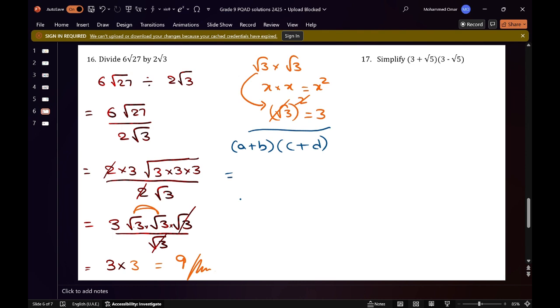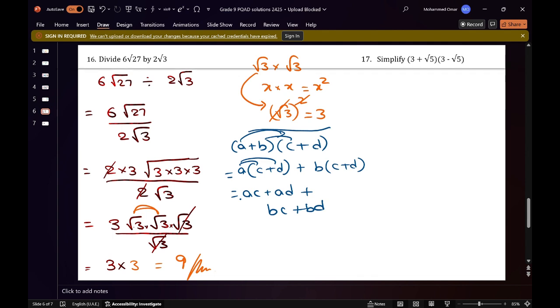What is it? a will be distributed to the next expression, and b also will be distributed to the second expression. So here a will be distributed: a times c plus a times d plus b times c plus b times d. This is what we have done before. Now let us do the same.